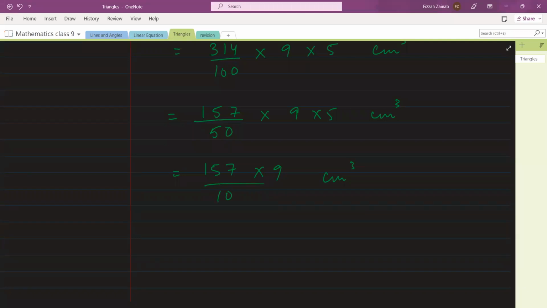So 10 is gone. Now this you can multiply. So 157 into 9. 9 into 7 is 63. 5 into 9 is 45, and then you have 6, so that becomes 51. 9 into 1 is 9, and then it becomes 14. And then you have 1413 divided by 10 centimeter cube. This is 141.3 centimeter cube. That's the answer.